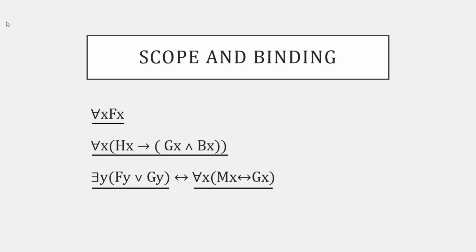There's not a lot of properties like that, not even mass. But the scope of that quantifier is just the whole sentence that follows it. A slightly less simple case is when you've got a complex sentence after the quantifier. Within the brackets there, for all x, x ranges over all of the x's that appear in the brackets after it.